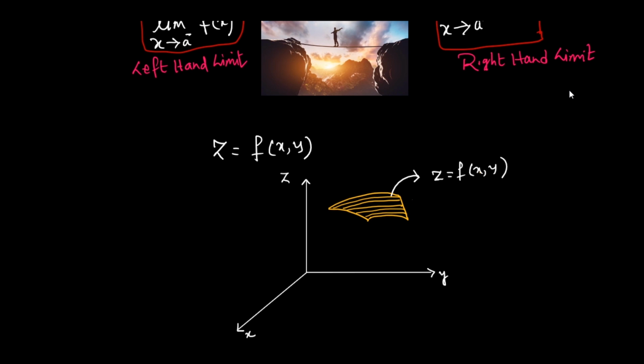So if I consider this portion of the surface f(x, y), then my domain will be something like this. Fine. So this is the scenario if I consider a function of two real variables x and y.